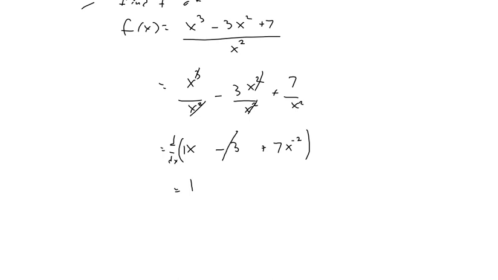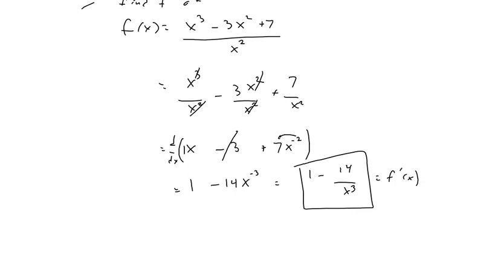And 7x to the negative second power, I bring my negative 2 in front, make it minus 14x to the negative third power. So it's 1 minus 14 over x cubed. That is your derivative. That is f prime.